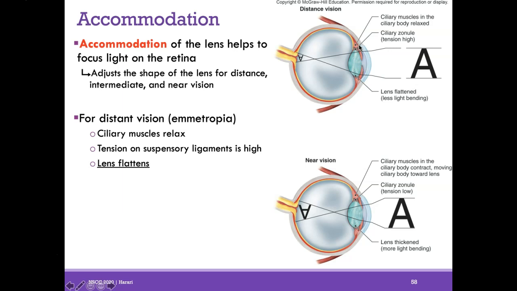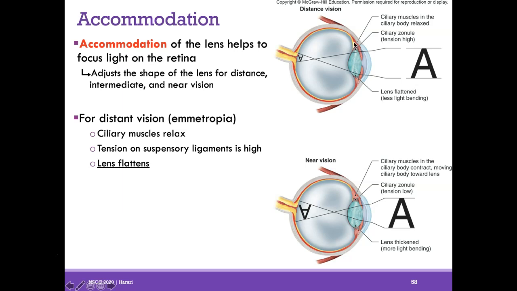And when that happens, the ciliary muscles over here are relaxed, so they hold on very tightly to these suspensory ligaments. So these are very tight strings when the lens is flat. They're pulling on the lens. The ciliary muscles are relaxed.